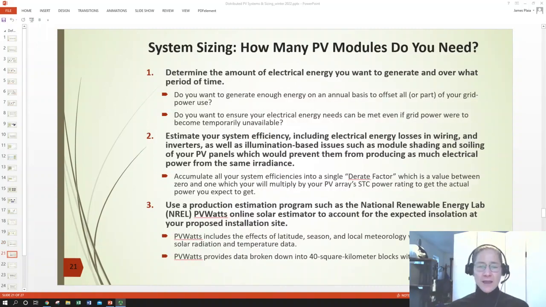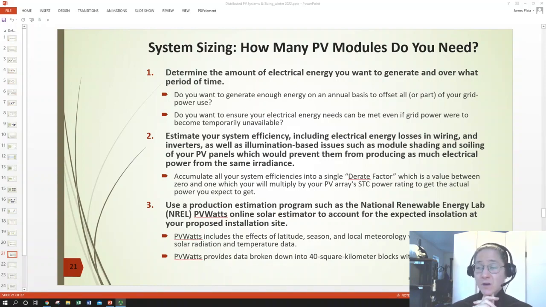Okay, we are back and we're going to do some system sizing. So we're going to try to answer the question of how many photovoltaic modules do you need. And we're not actually going to get into determining the number of modules, but we're going to get to the one step that you would need before that, which is to determine the number of DC watts that we need in terms of generation power.